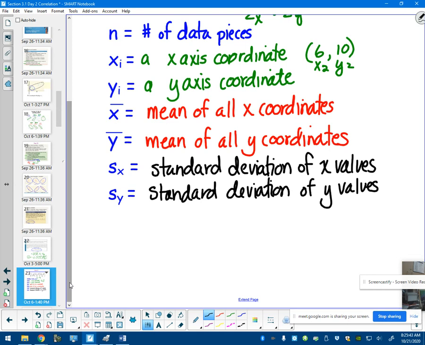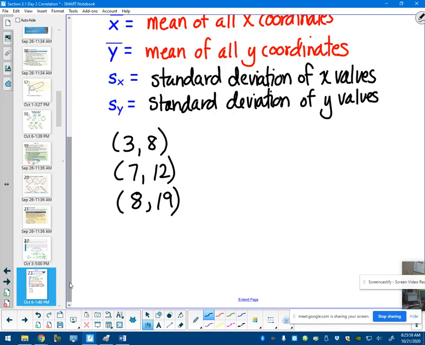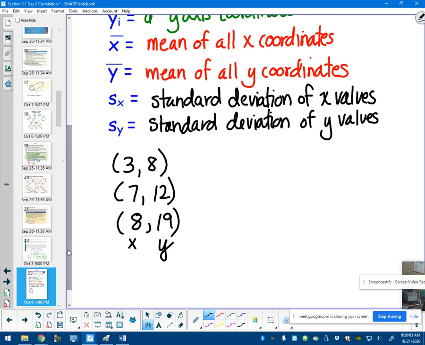I mean, even if my data set was only like 3, 8, 7, 12, and 8, 19. These are all the x's, these are all the y's. So the first thing the calculator, Norman, our secretary Norman, has to do is add up those.